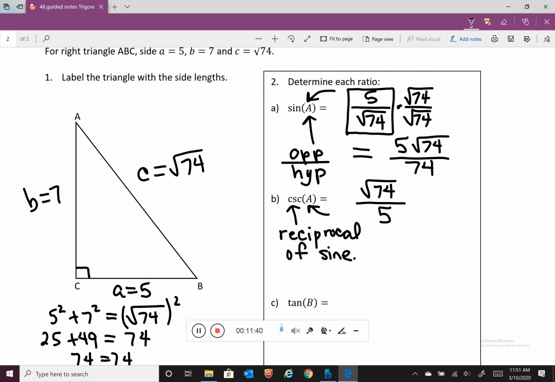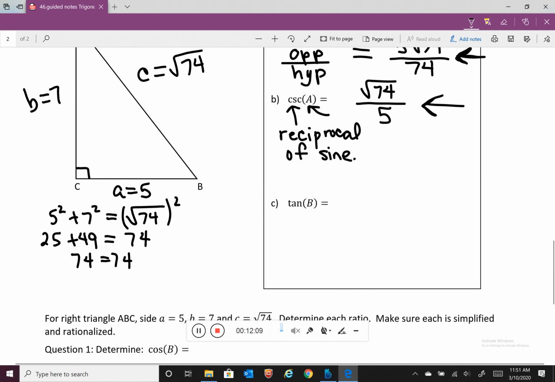Now notice that I did not use the rationalized version of the sine of A, because in order to get cosecant of A, I needed to reciprocate it. So I wanted my radical to be in the denominator so that when I reciprocate it, it is in the numerator. And this is our final version for cosecant of A.